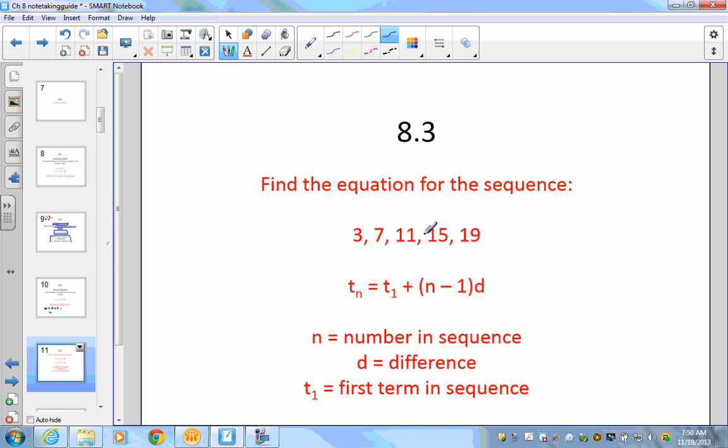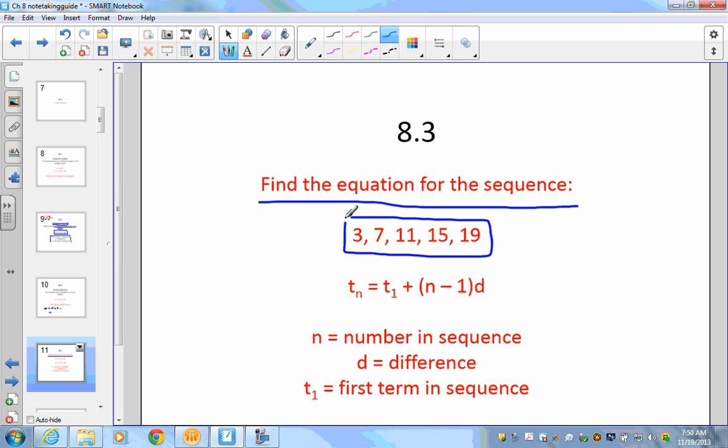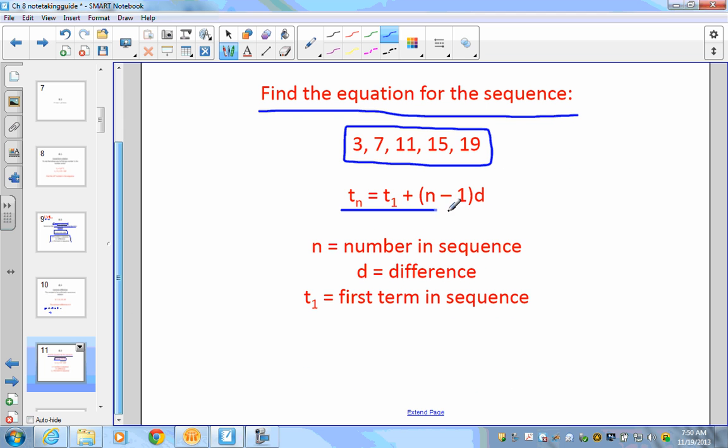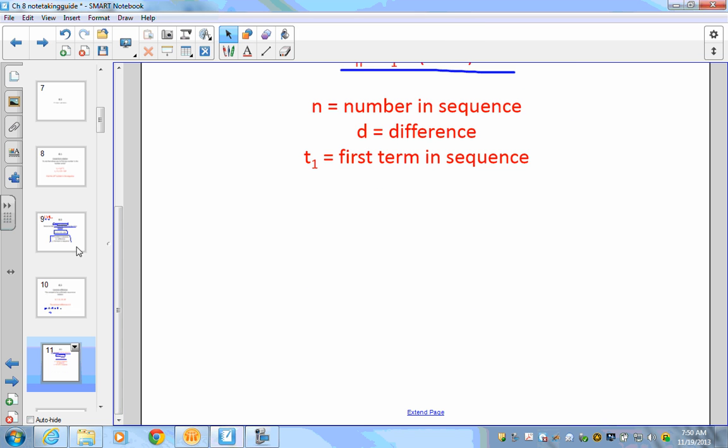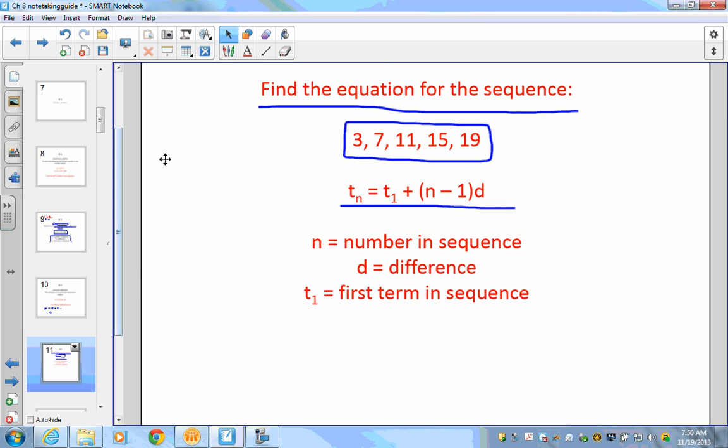Now let's talk about finding the equation of the sequence. Here's our sequence: 3, 7, 11, 15, and 19. This is pretty simple, given that I'm already giving you the formula to go off of. We're going to take all this information and plug it into this formula.